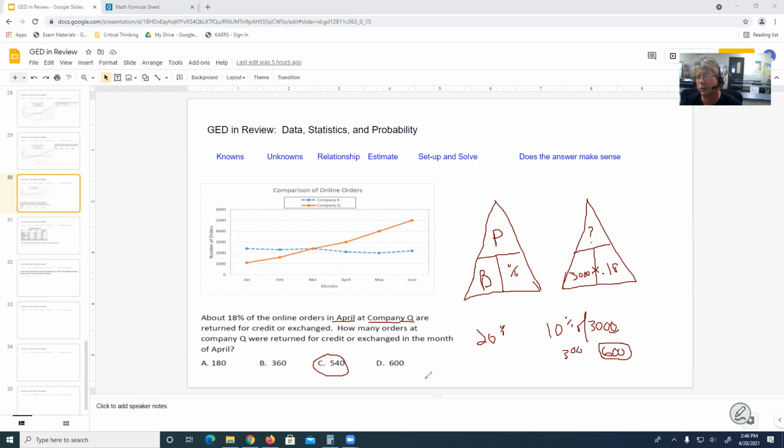But notice that 20% is 600, and 18% should be a little bit underneath that. So 600 falls off because 20% gives us 600, but what's given is 18%, so we have to be underneath that. That also tends toward 540 using the estimate. So we have a couple of things we could do. The triangle model is very effective, but some people like to use this 10% to work on getting an estimate.